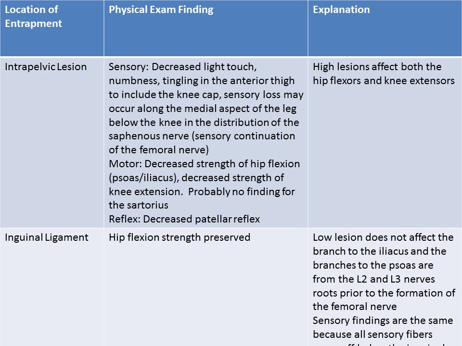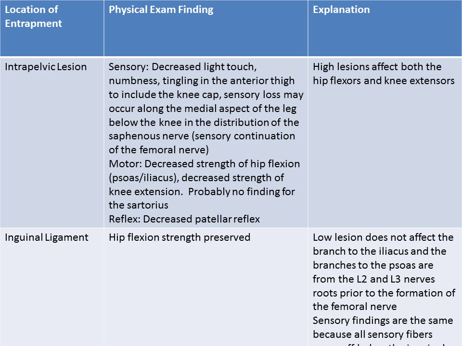And interesting that both hip flexion through the psoas and iliacus and knee extension through the quadriceps would be affected, because high lesions affect both the hip flexors and the knee extensors. High lesions meaning intrapelvic, intra-abdominal injury to the femoral nerve.